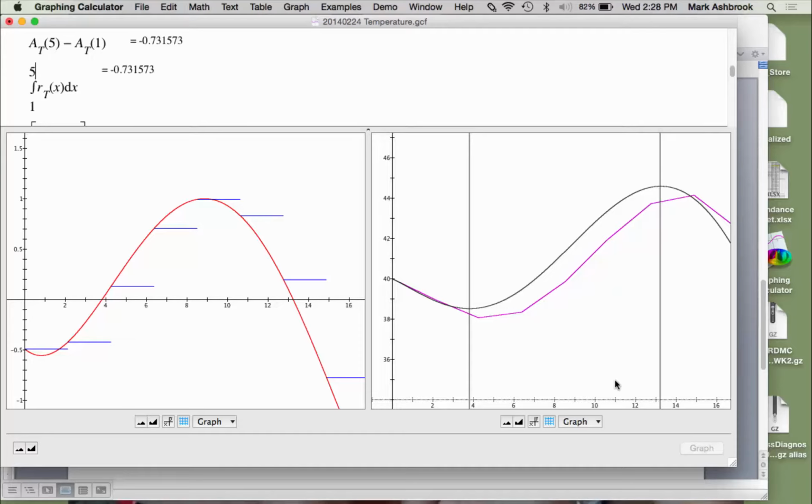Is that from 0 to 8? Is that from 2 to 4? Is that from 6 to 12? So what interval between 0 and 15 is going to give me the largest increase in temperature? Do you see what it would be?